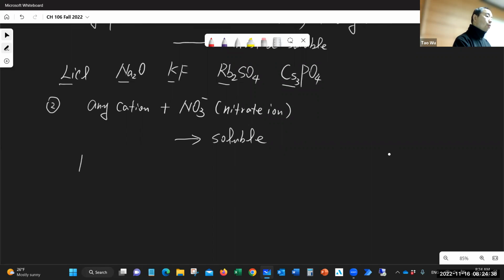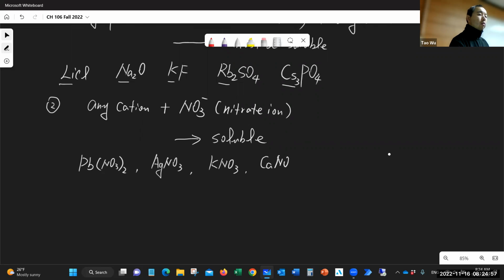For example, if we have lead nitrate, silver nitrate, potassium nitrate, or calcium nitrate. You see, as long as those are nitrates, those are all soluble.